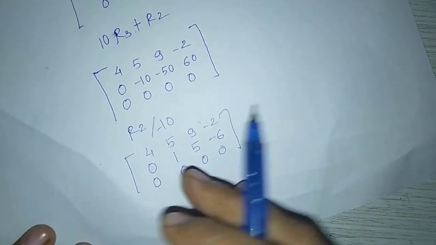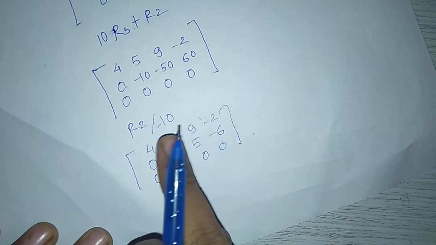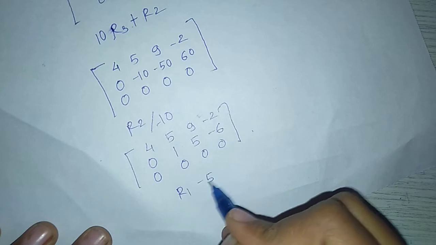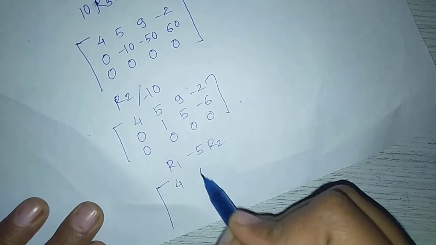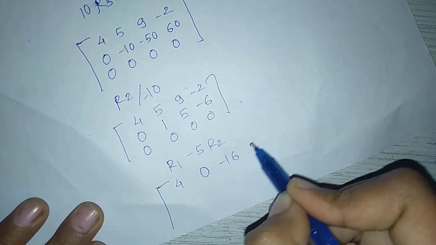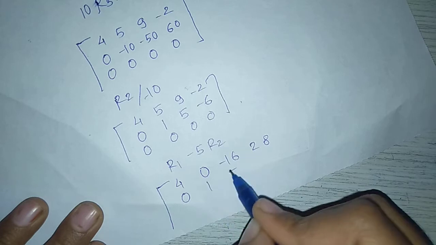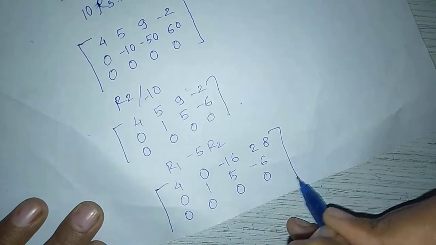Second row operation: to convert 5 into 0, R1 minus 5R2, we get 4, 0, -16, 28. Second and third row as it is: 0, 1, 5, -6; 0, 0, 0, 0.